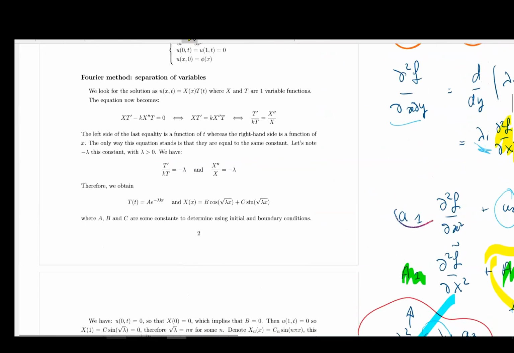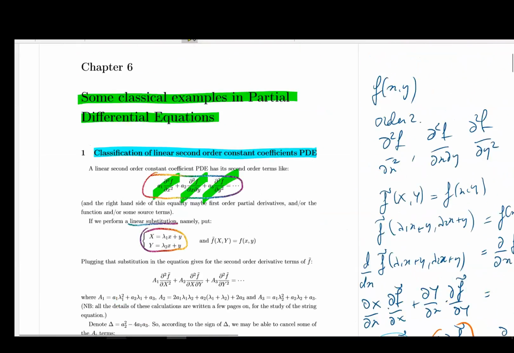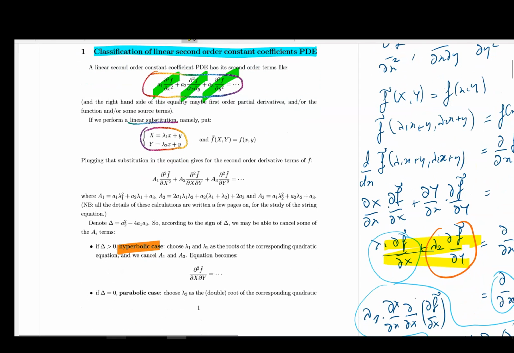So what do we have? We said it's all going to depend on the sign of this delta, which comes from rearranging the coefficients of the first equation, right? If your delta is greater than 0, you're going to have what's called the hyperbolic case.